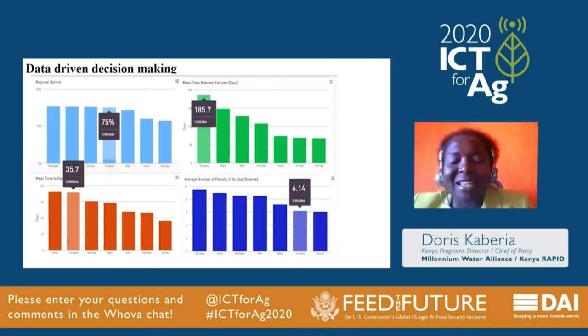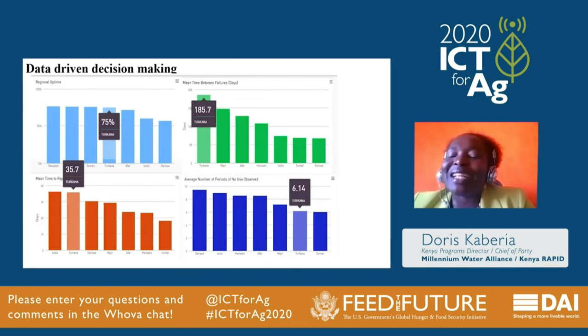Actually, the sensor data, if you see this graph here, on the top bar on the left, over a period of about 1 year, we are able to conclude that these boreholes are up and running about 75% of the time. They are functioning, which means they are green.